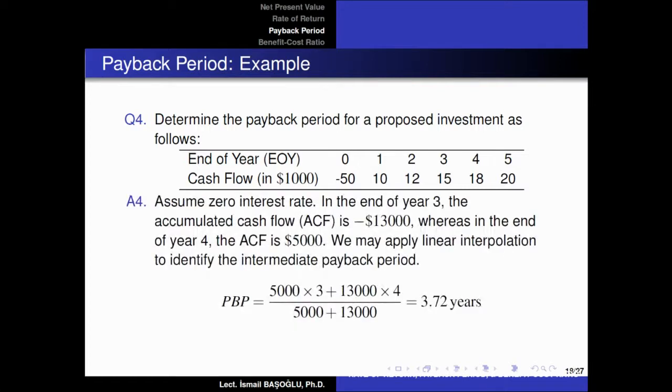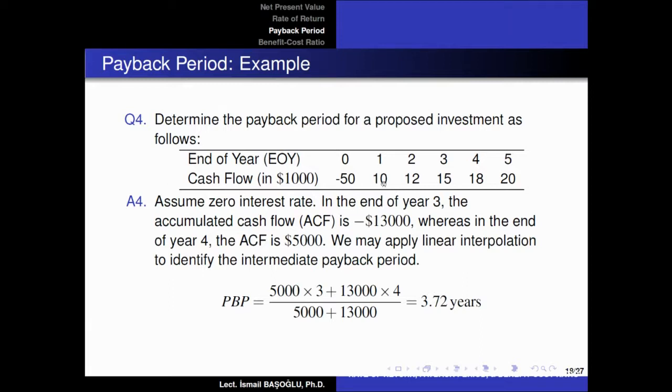Now, let's see. We need to see in how many years I will cover this minus 50. Assuming that the interest rate is 0, I get $10 at the end of the first year, and my total will be minus 40 here. I will get an additional 12 in the second year, and my cumulative cash flow will be equal to minus $28.